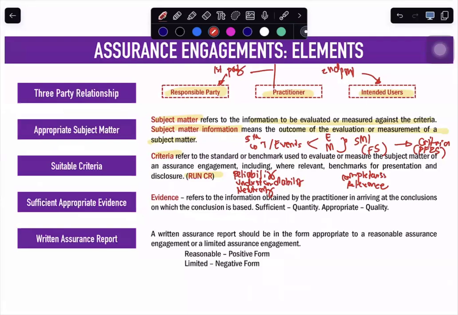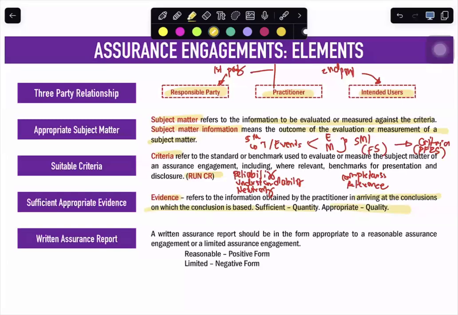Next, we have sufficient appropriate evidence. Evidence refers to information obtained by the practitioner in arriving at the conclusions on which the conclusion is based. Normally, whenever we talk about sufficient appropriate evidence, sufficient refers to quantity, appropriateness refers to quality.